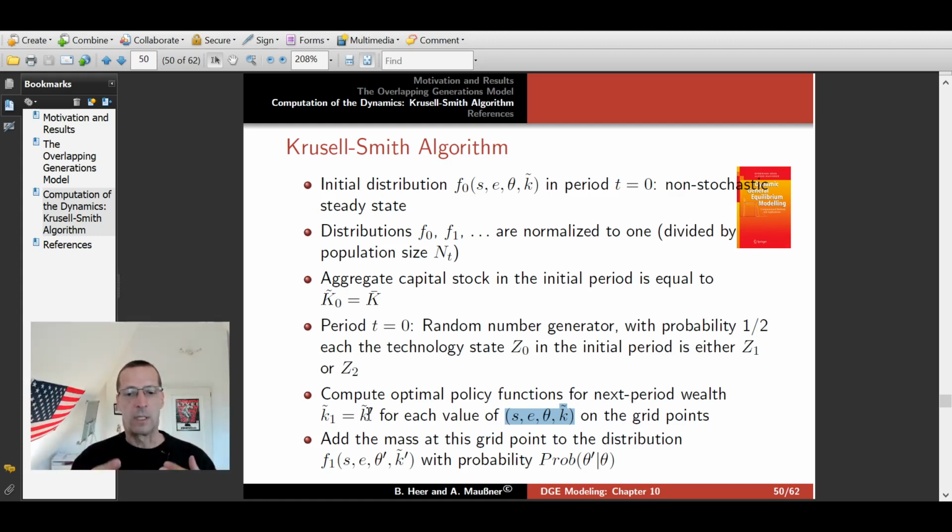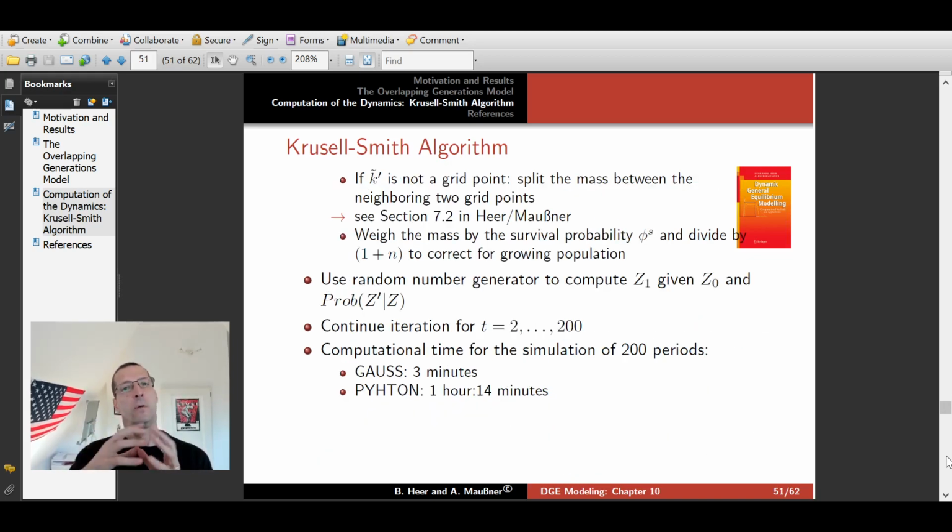So we keep track of what's happening to our distribution and to each individual with measure f at the individual state s, e, theta, and k. And of course, we have to consider that next period idiosyncratic productivity, theta prime, is given by either theta 1 or theta 2, depending on the transition probabilities, and allocate the respective shares to these two types.